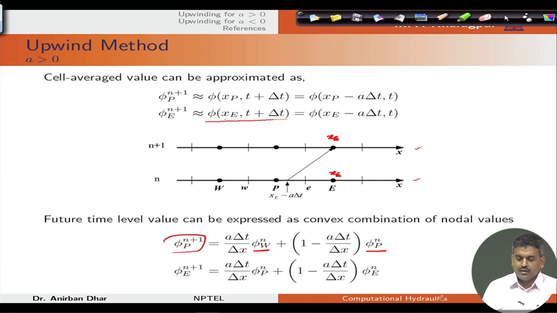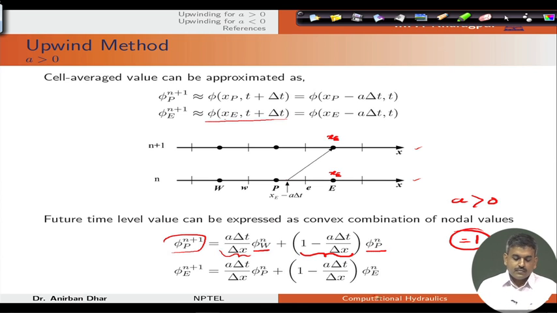Convex combination means in this case our consideration is a greater than 0, that is why it is travelling to the right side. So, these weight functions, if we add them, the summation will be equal to 1.